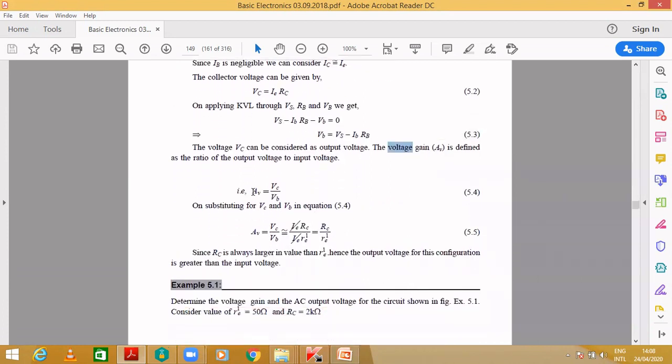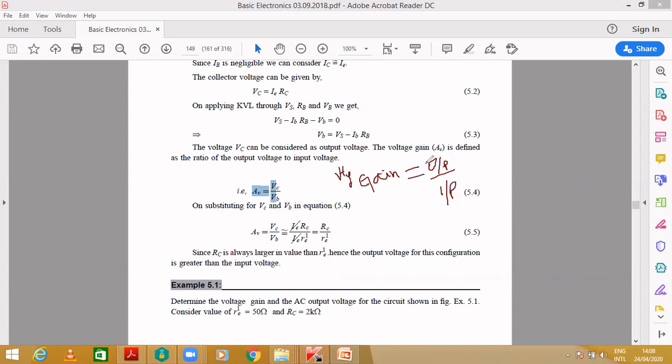I represent the voltage gain as Av. The definition of gain, whether current or voltage, is always output by input. Here I am interested to know the voltage gain.